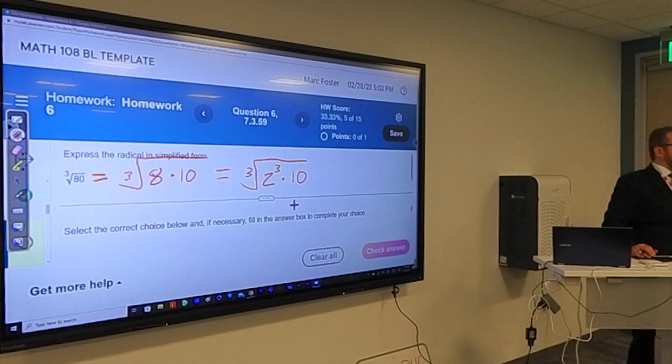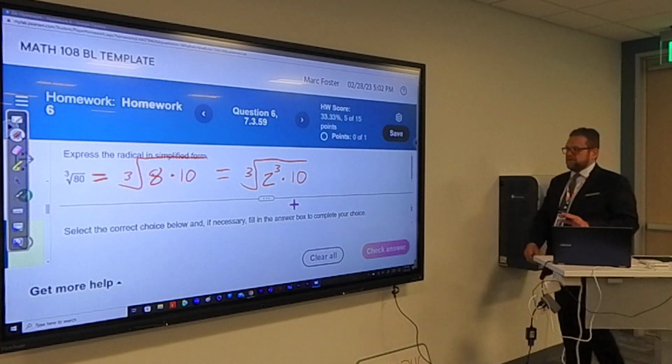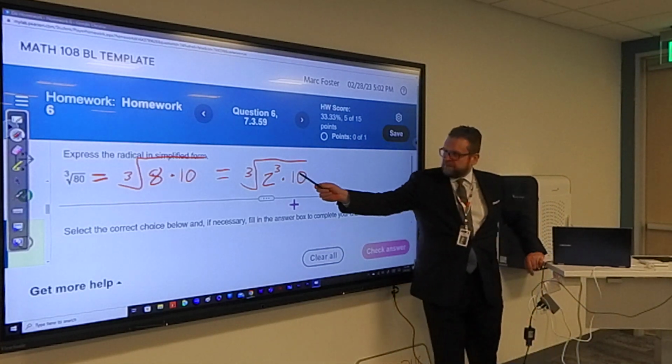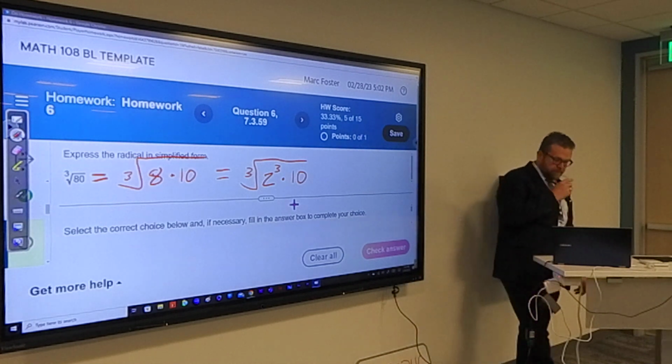I don't need to simplify the 10 into 2 times 5, because having that extra 2, that fourth 2, isn't going to make it any simpler. I'm only going to be able to simplify it when I have a trio, when the exponent matches the index.